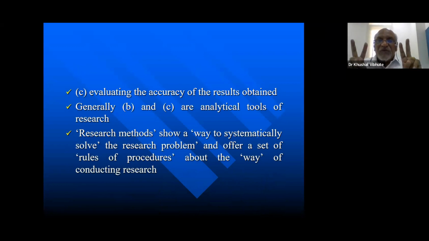So now, what I'm trying to convey to you is that legal research has two essentials. One is scientific method, which insists on objectivity and logic, and the second essential is the use of research methods. That is the way in which you collect the information, analyze the information, and try to link it with unknown facts and draw inferences. They are the two essentials.